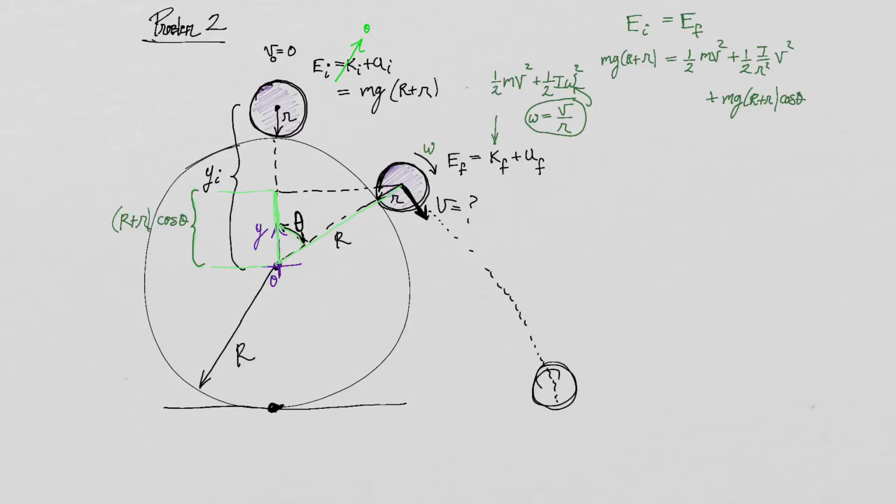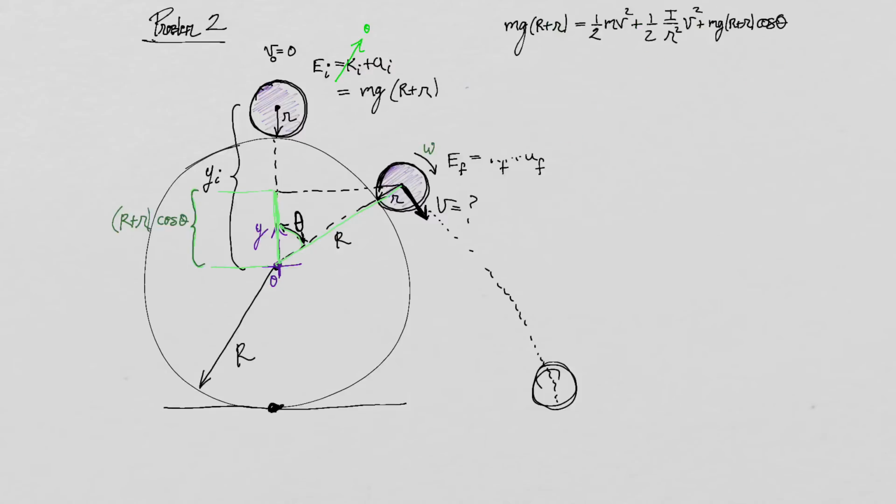Alright, so now I'm going to erase a bunch of stuff here and rewrite that equation so it looks a little easier to follow. So give me a second. Okay, so now I've rewritten our energy conservation equation. I can simplify a lot of things.